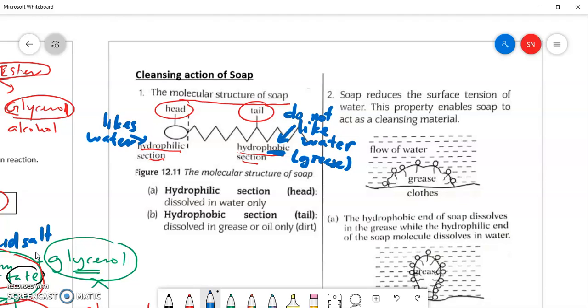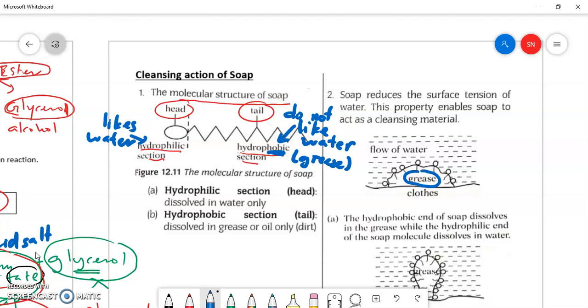First of all, let's say we got a grease in a piece of clothing. This is your clothes, and on top you got a grease or a dirt or an oil stain. Now, when we mix soap into the water, this soap contains soap molecules, which we know got a head and a tail.